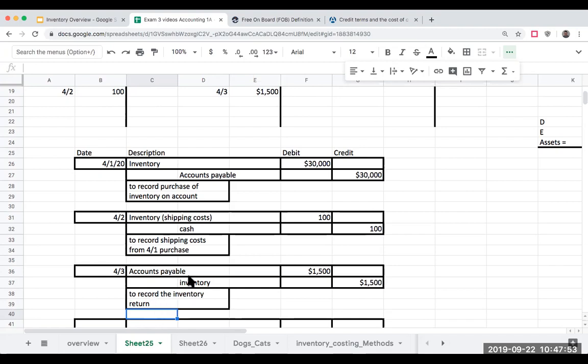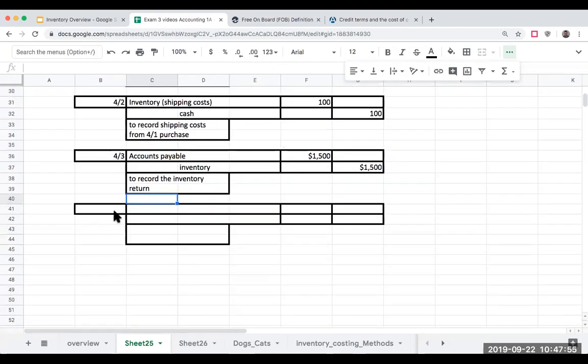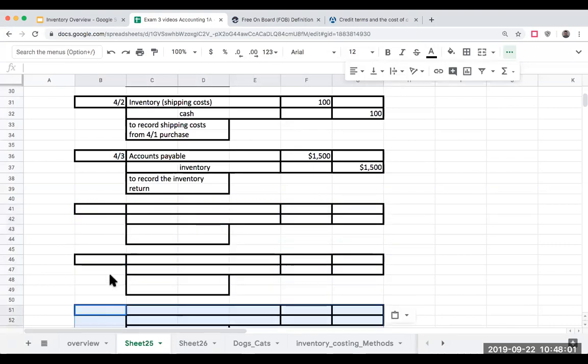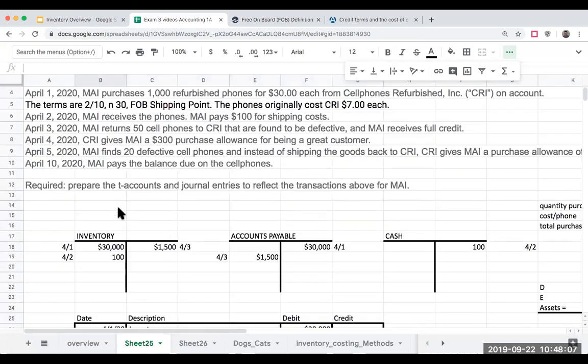Notice here, and this is why you need to be practicing at home, you have to indent your journal entries. I cannot tell you the importance of doing this. Very, very critical. Okay, so let's go to our next one.